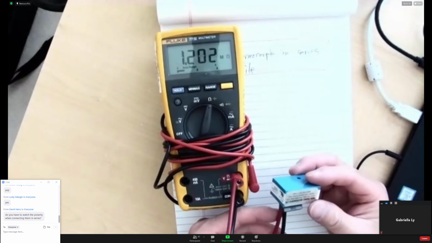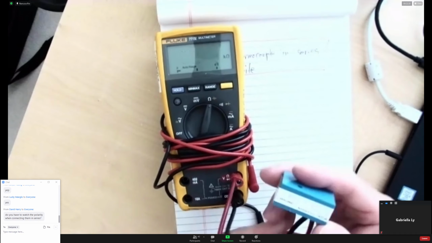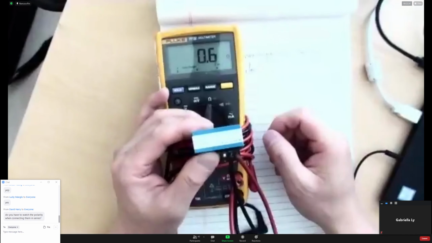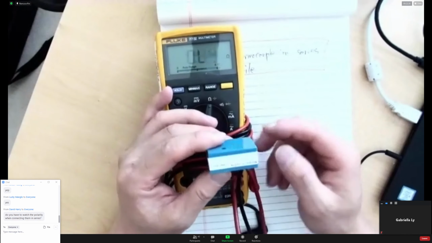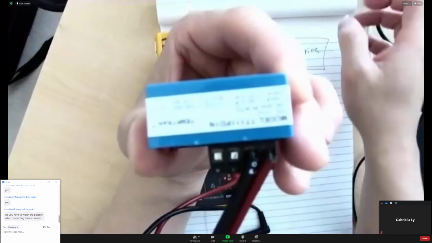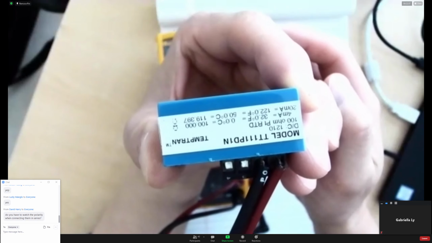I'm not sure if you can see clearly. No, you can't see it. What about here? Oh, now you can see it. Yeah, backwards.